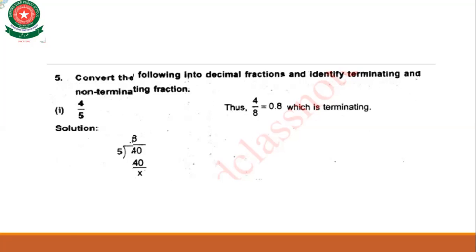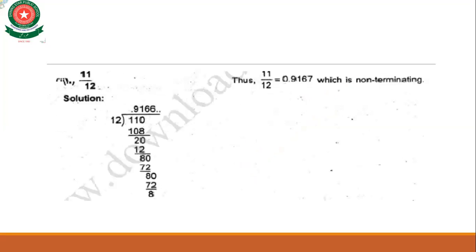So we have to put a point and 0 after the 4. We know that 5 8s are 40. So we will multiply 5 with 8 to get 40. And the remainder will be 0. The answer is 4 by 5 is equal to 0.8, which is terminating.